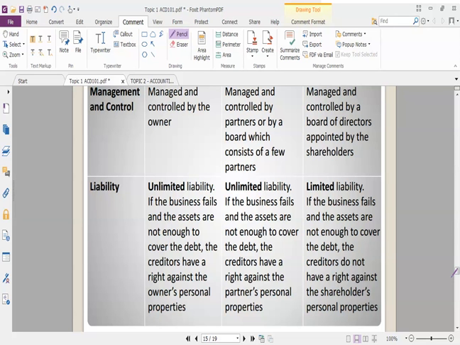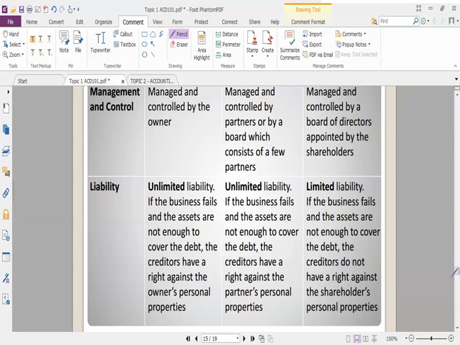How about companies? The liability is limited. If the business fails and the assets are not enough to cover the debt, the creditors do not have a right against the shareholders' personal property. The shareholders will only lose the amount of money that they invested in the company.